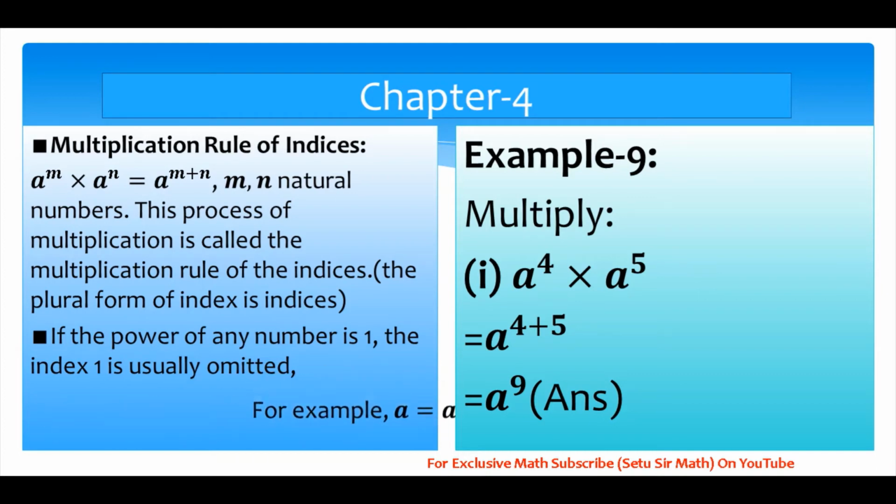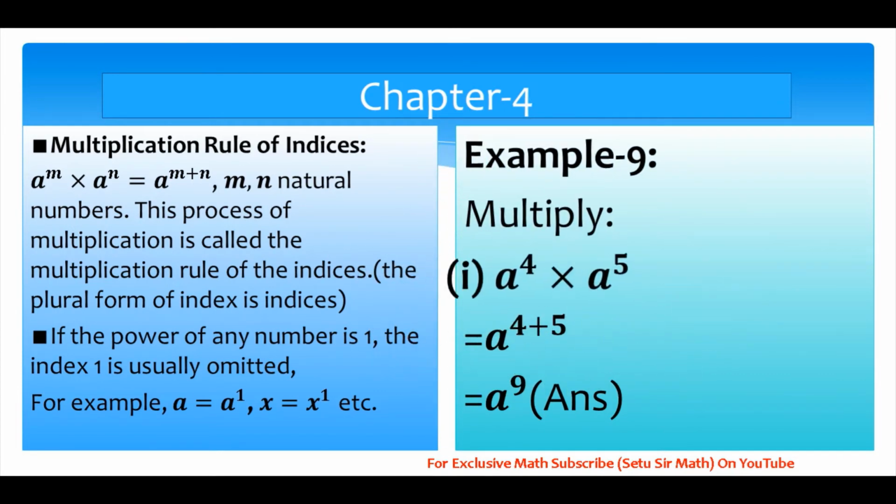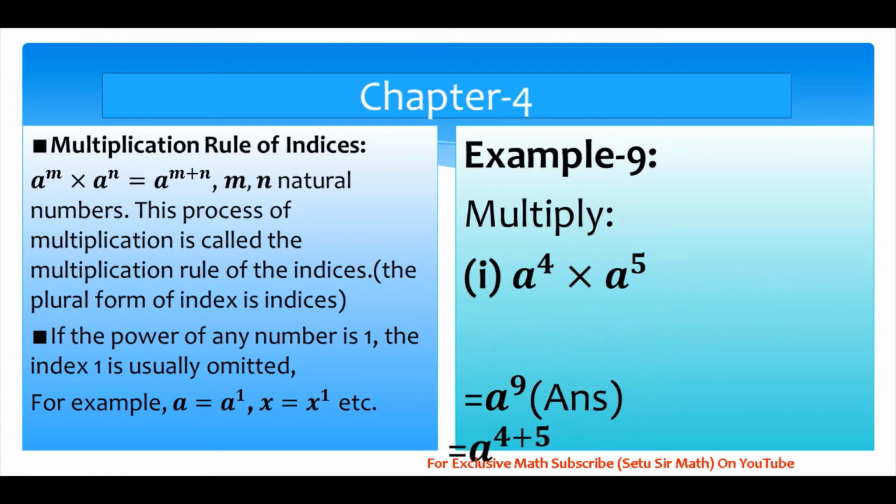For example, A equals A to the power 1, x equals x to the power 1, etc. So that is example number 9. Multiply A to the power 4 by A to the power 5. That would be A to the power 4 plus 5. That would be A to the power 9. That is the desired answer.